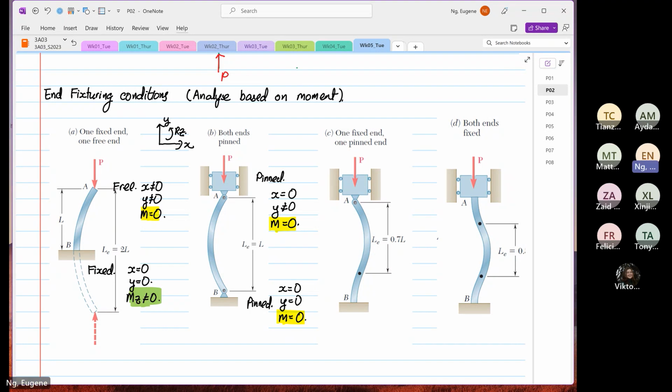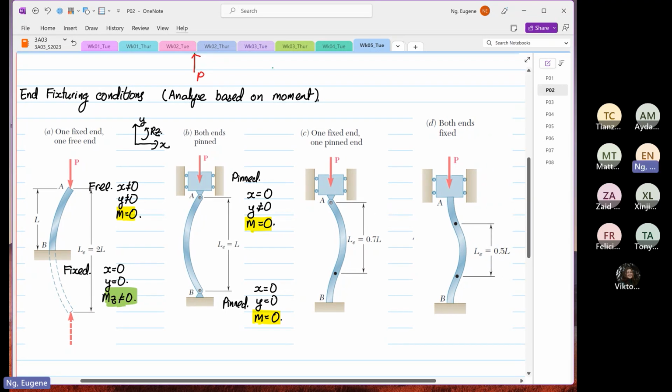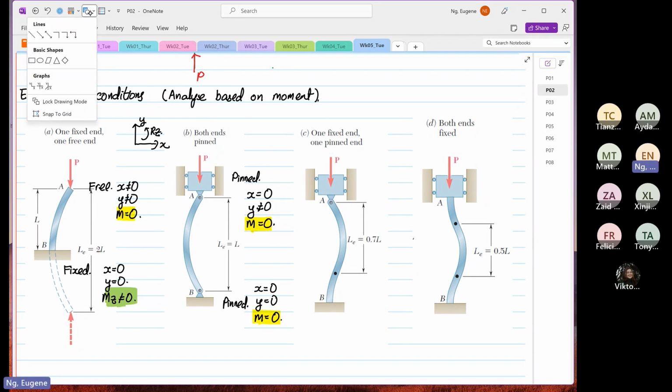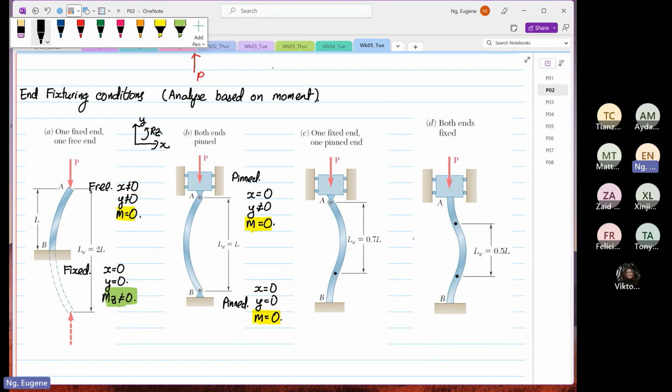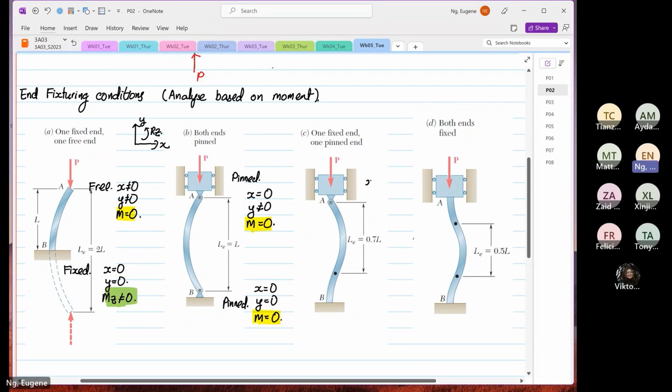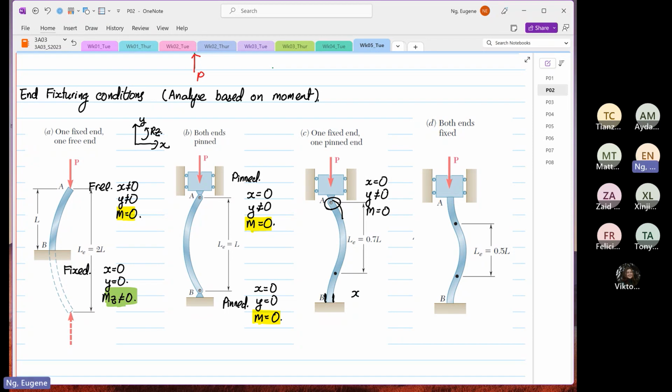Let's look at another situation over here. You can see that x cannot move in the x direction, so x is equal to 0, y is not equal to 0, and moment is equal to 0 because it can rotate. You can see that this is rotating. Whereas at point B, this end is straight. Down here, x is equal to 0, y is equal to 0, and moment is not equal to 0.